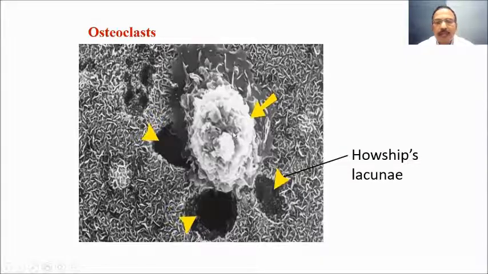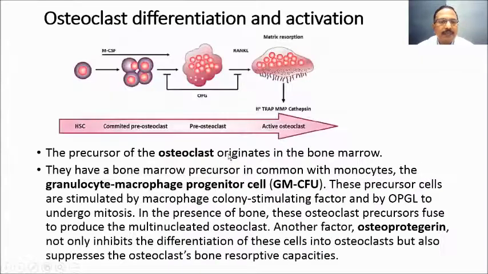Osteoclast cells, so how are the osteoclast cells formed? They are not coming from the mesenchymal stem cells, they are coming from the bone marrow. There is a precursor present in the monocyte lineage which is called the granulocyte macrophage progenitor cell.